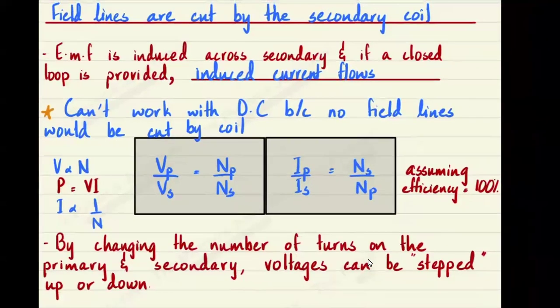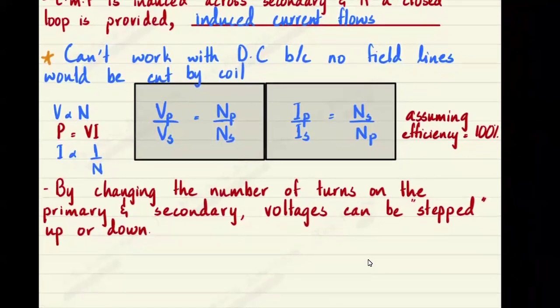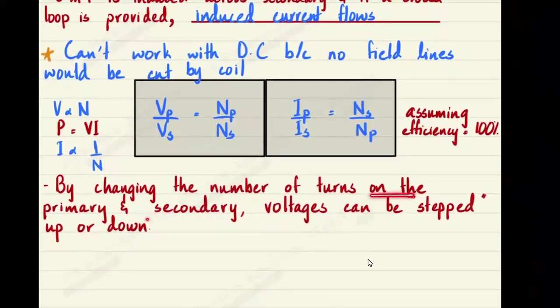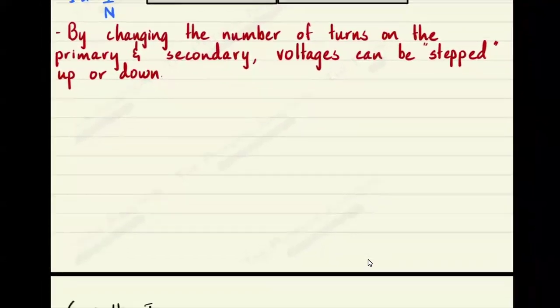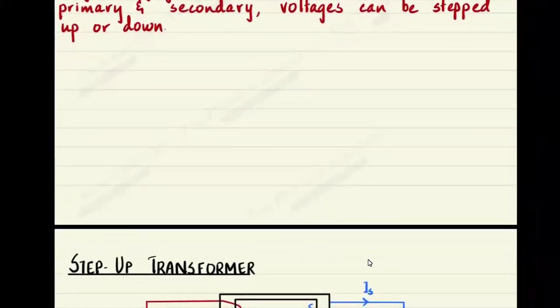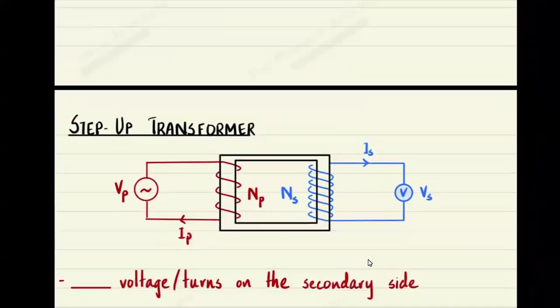How a transformer works is that by changing the number of turns on the primary and secondary, we can either step up voltages, which means we can increase them, or similarly decrease them. Those are the examples that we're going to look at now. A step-up transformer is increasing the voltage.